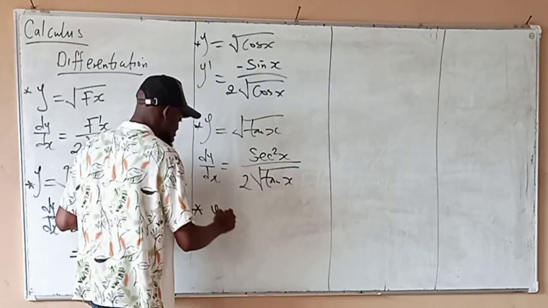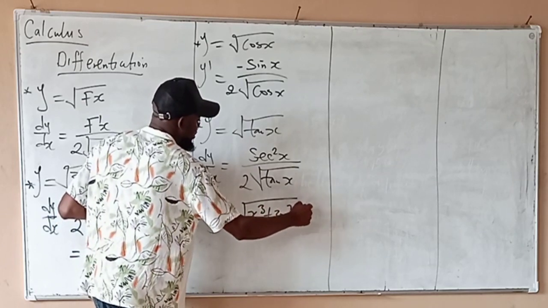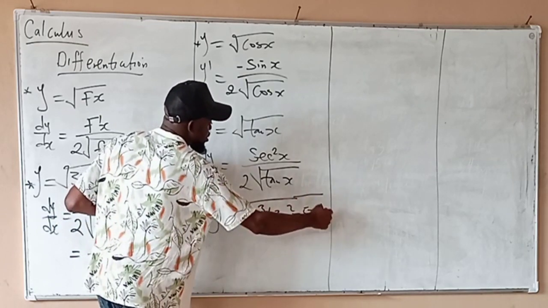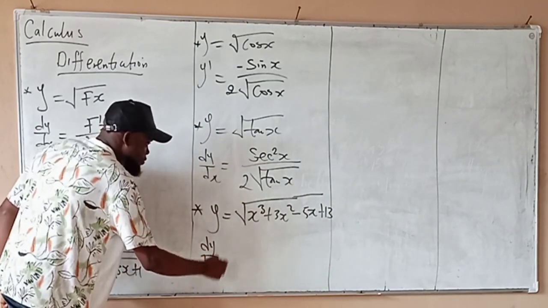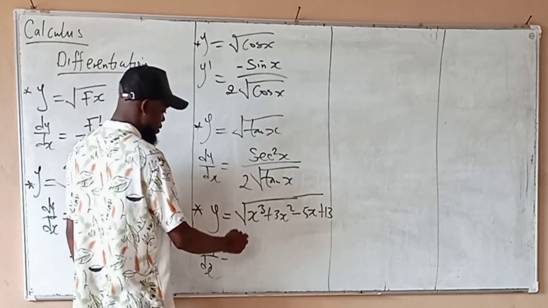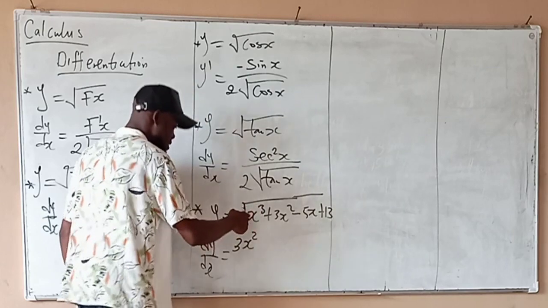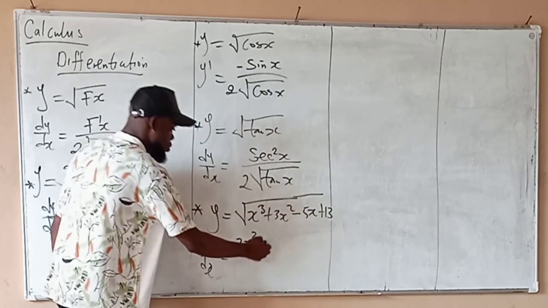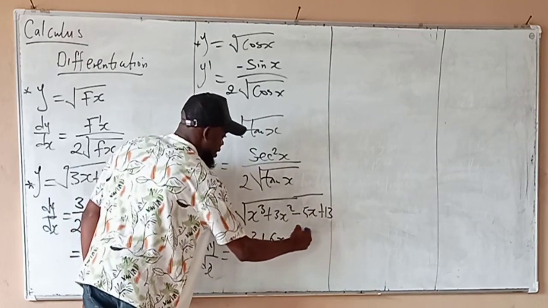Let's say y is equal to the square root of x cubed plus 3x squared minus 5x plus 13. What will be dy over dx of this? The dy over dx will be differentiate inside the root. Differentiate inside, we will have 3x squared, plus 2 times 3, we will have 6x, minus differentiate this one, we will have 5.